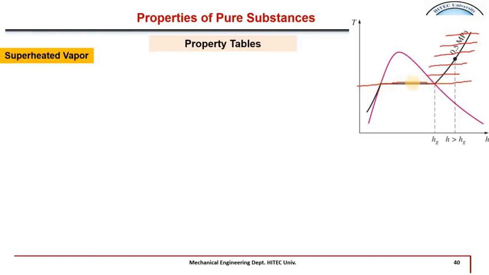So within the dome, both temperature and pressure were dependent upon each other. But in the liquid region, for the same pressure line, a number of different temperature lines may exist.